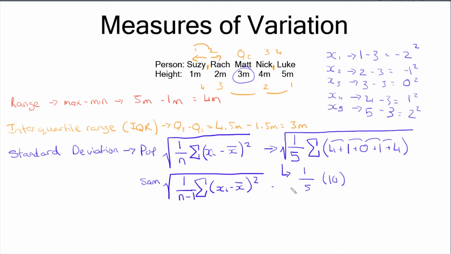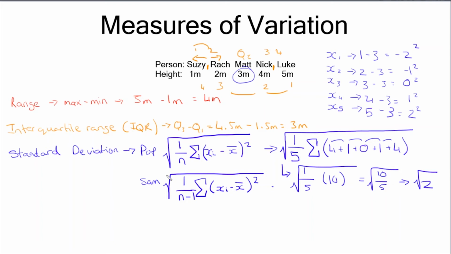So this is equal to 10 over 5. Well, that's equal to the square root of 2. I won't go into the decimal here because this will suffice as an answer. But the standard deviation for our population here is going to be equal to the square root of 2.